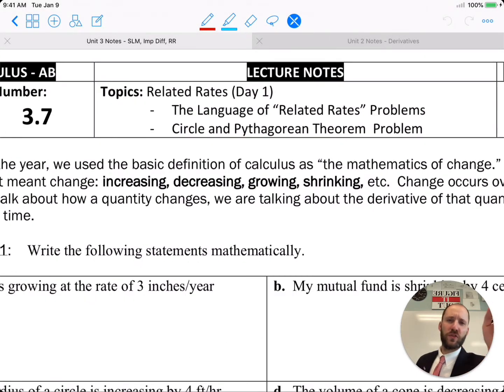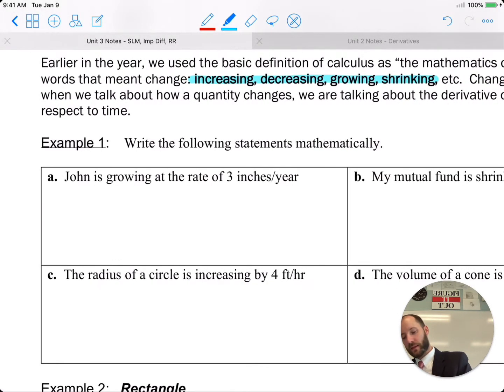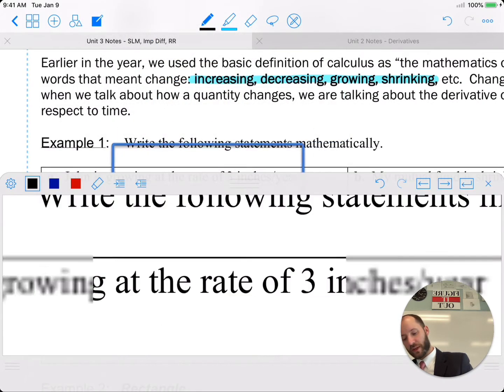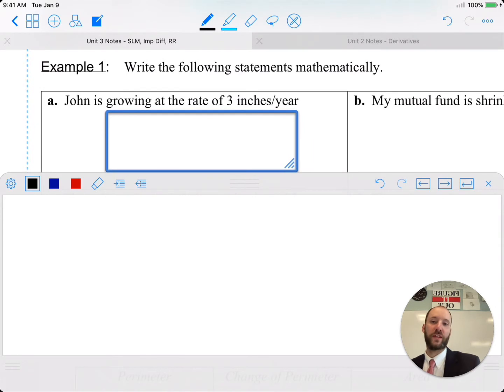So these are usually word problems, and you want to look for keywords that are describing changes. Increasing, decreasing, growing, shrinking, etc. So for example here, John is growing at the rate of 3 inches per year, so growing.